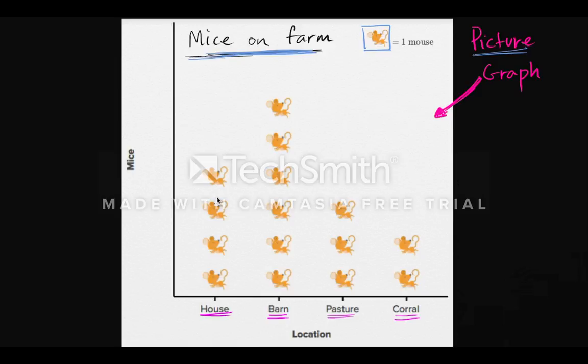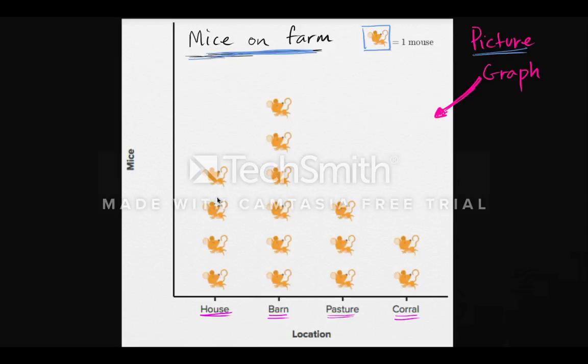How many in the barn? Well, same idea. 1, 2, this is a different color. 1, 2, 3, 4, 5, 6. So there are 6 mice in the barn. Let me just write that down. So 6 mice in the barn.